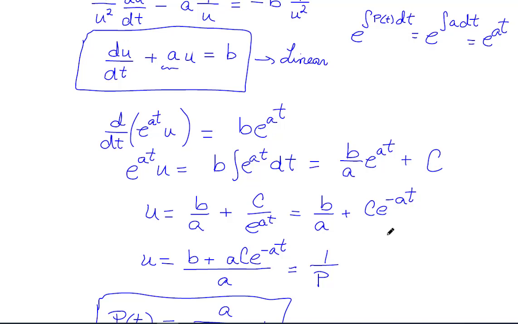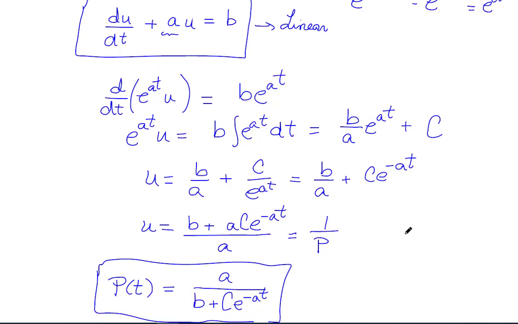All right, now at this point, I'm going to get a common denominator, multiplying top and bottom by a and pulling it together. That's because u is 1 over p, and I need to flip this thing over. And when I flip it over, I get that p of t is a over this particular solution.